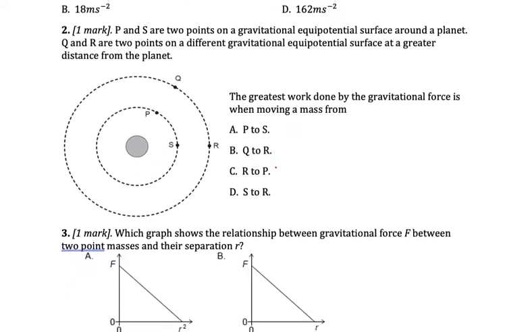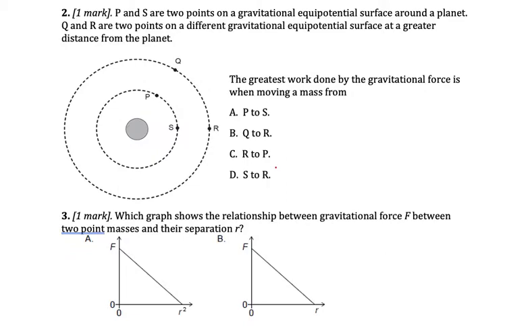Question number 2. This was one of our review questions when we were learning this topic. So we're looking for the greatest work done by the gravitational field. Work done is either positive or negative. A positive number is always larger than a negative number. So we're looking for the positive work done by the gravitational force or field.